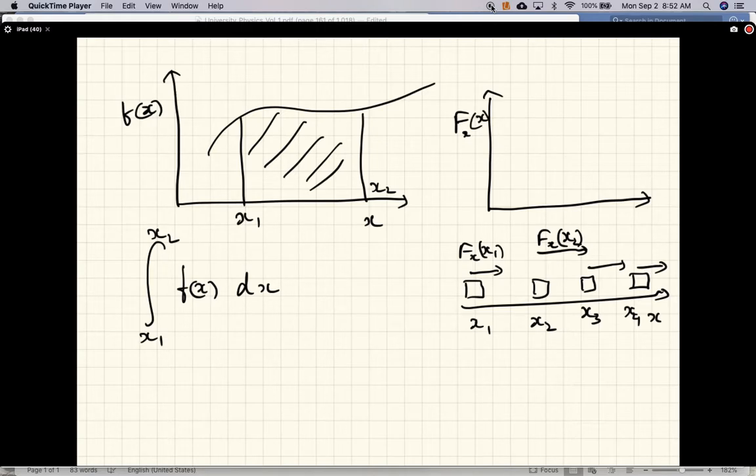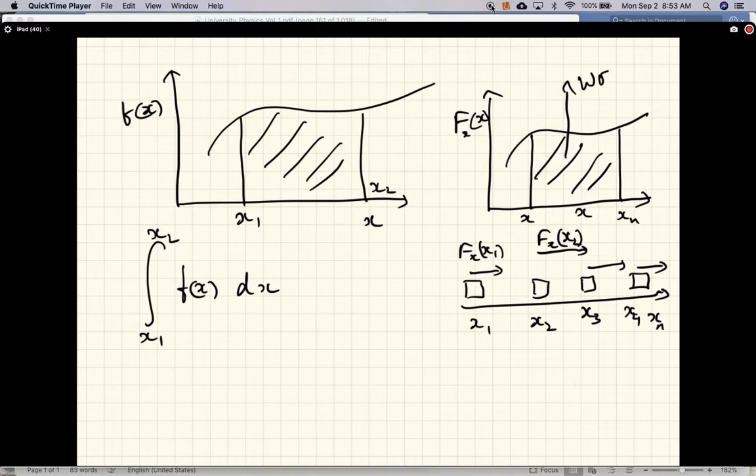Now I'm using the same x here. It is changing like this. This area under the curve, as you push the box from x1 to xn, this area is the work you have done on the box.